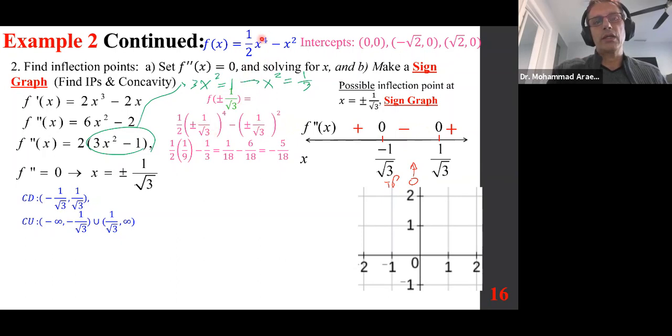We are just plugging in 1/2 times plus minus 1 over square root of 3 to the power of 4 minus plus minus 1 over square root of 3 to the power of 2. So first I want to look at this one. I hope you realize if you raise this to the power of 2, you get 1/3. So when you raise it to the power of 4, that means 1/3 squared, which is 1 over 9. This is elementary algebra. I hope everybody is following that.